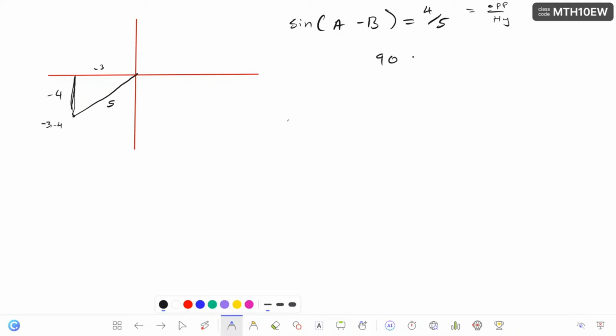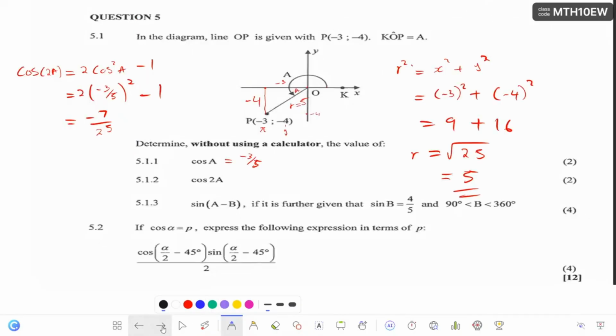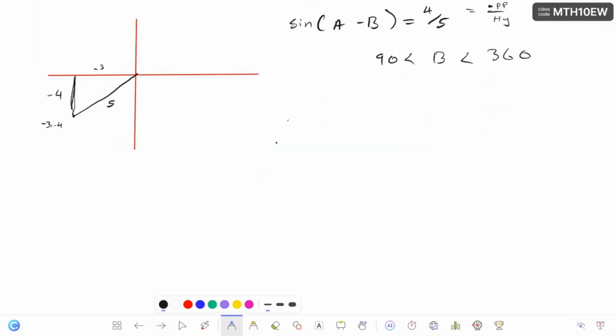They said we have a range for B. Yes, we are given a restriction or a range. So, don't forget, our opposite is Y. You need to sketch this side, the reason is because our Y is positive.